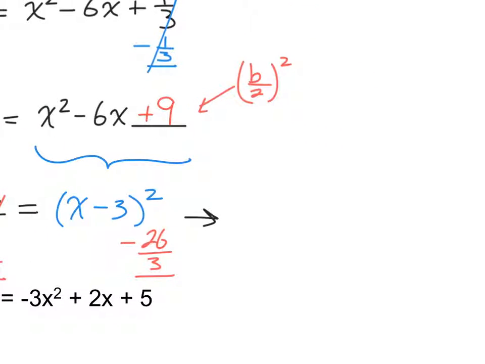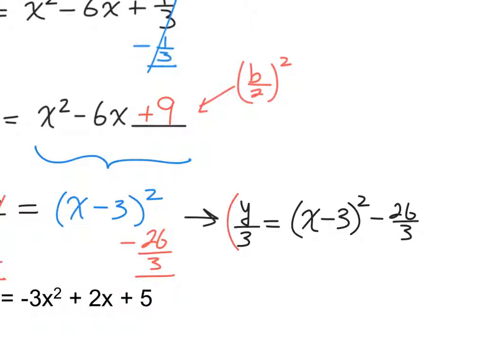So y over 3 is equal to x minus 3 squared minus 26 thirds. And then again, as you said, we're multiplying by 3. All right, so on the left, it just becomes y, right? We're multiplying each part by 3. So the binomial gets multiplied by 3.